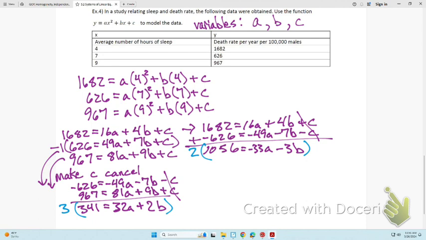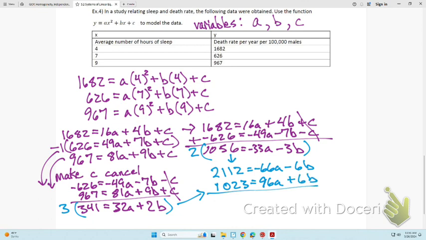So we end up with 2112 and 1023 and the B's cancel.